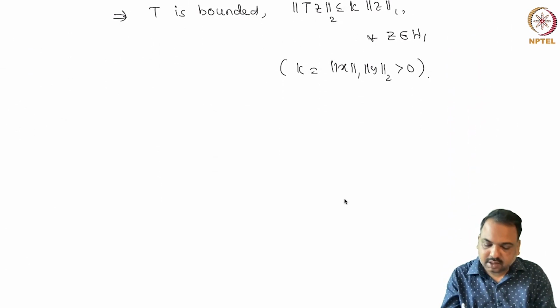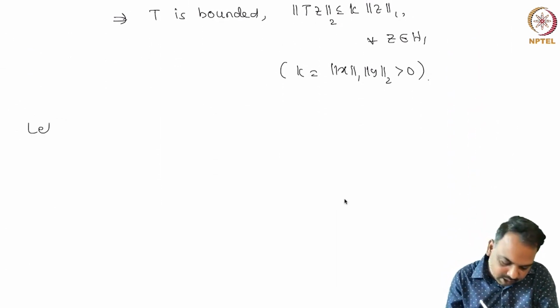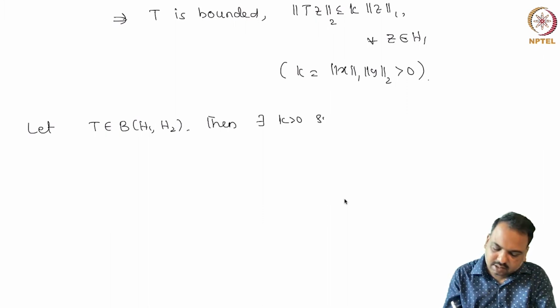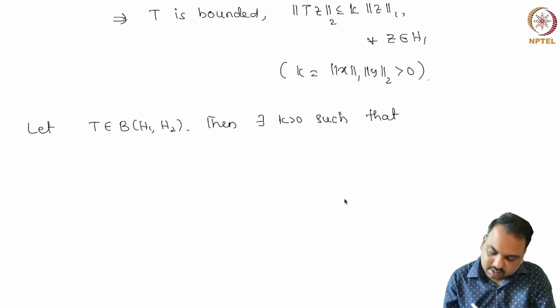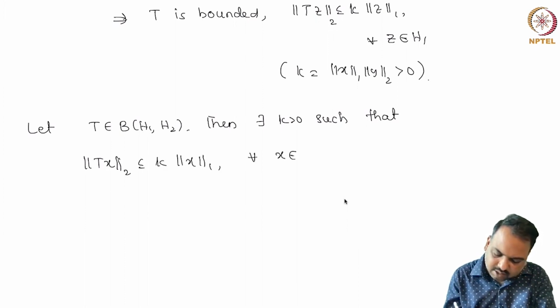So let us again look at bounded linear maps. Let us take T a bounded linear map from H1 into H2. That means there exists some k bigger than 0 such that the norm of T(x) is less than or equal to k times the norm of x for every x in H1.